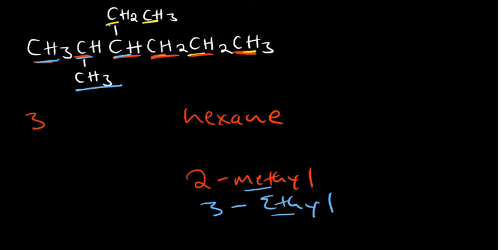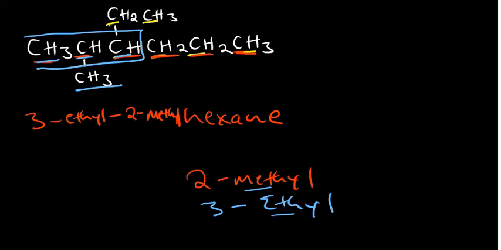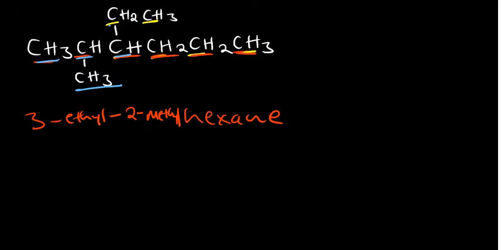It's E, right? So it will be 3-ethyl-2-methylhexane. I started numbering from this direction because it looks closer to the subchains, unlike the other side. Okay, so that is the possible naming for the first one.